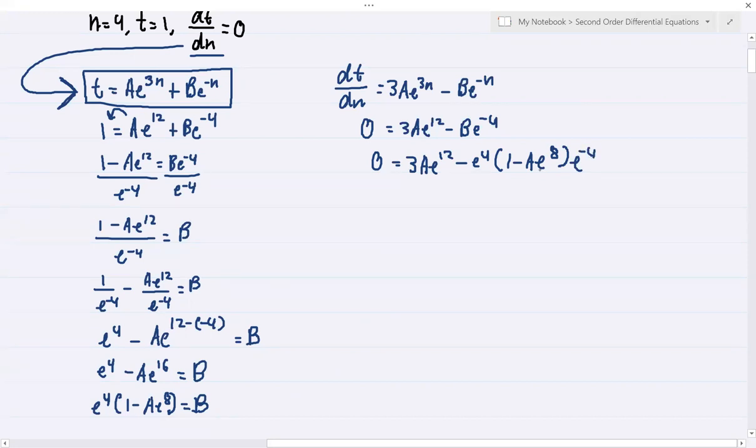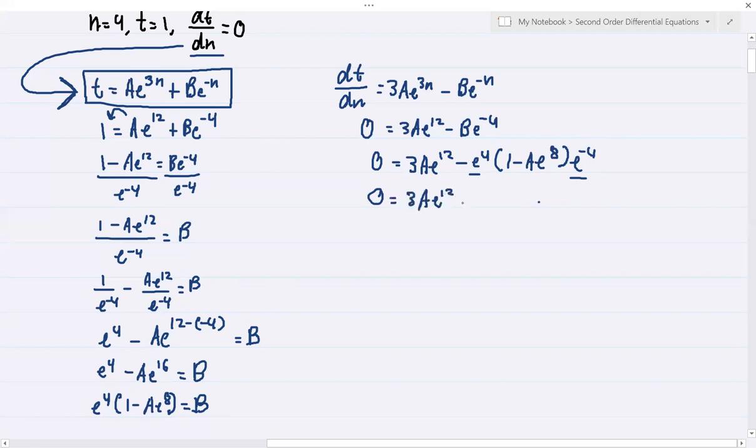We can simplify further by canceling e raised to 4 and e raised to negative 4. Basically, you have two of the same bases with their own exponents.